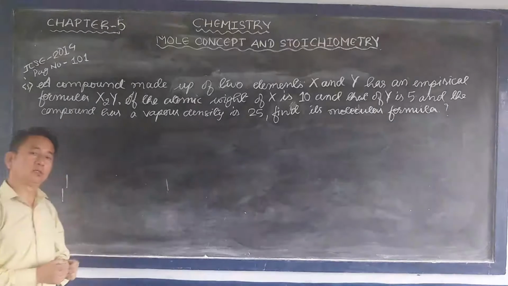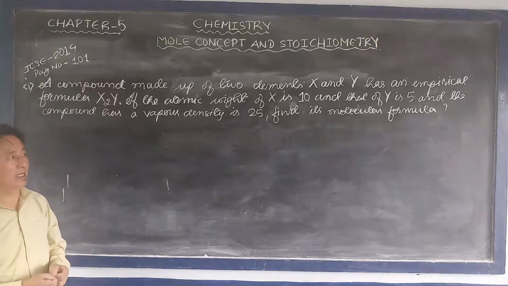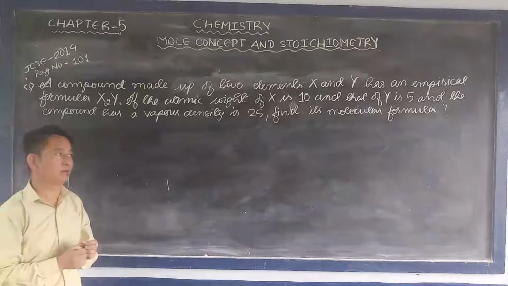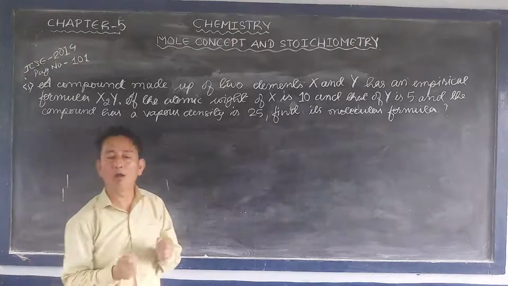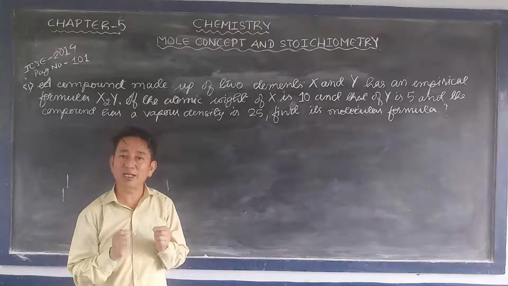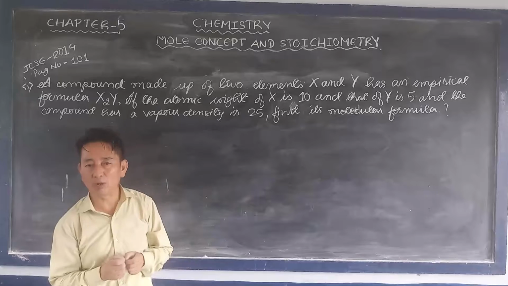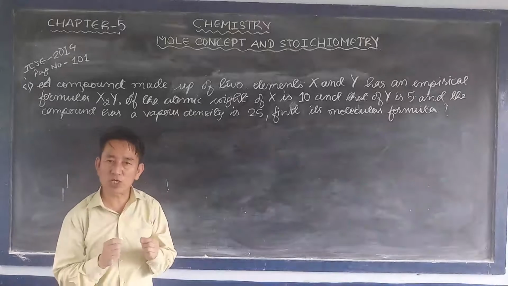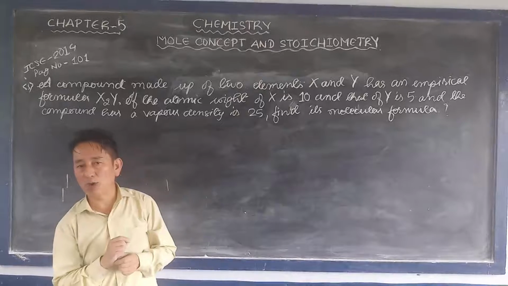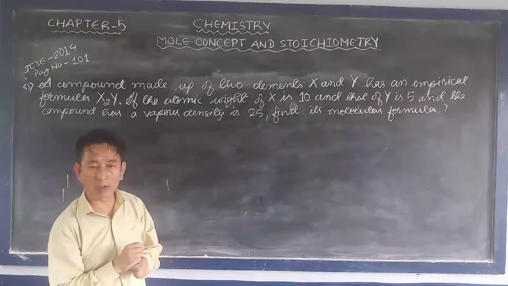First of all, I would like to explain the difference between empirical formula and molecular formula. Empirical formula is the simplest formula of the compound, which does not show the actual number of atoms present in one molecule of a compound.